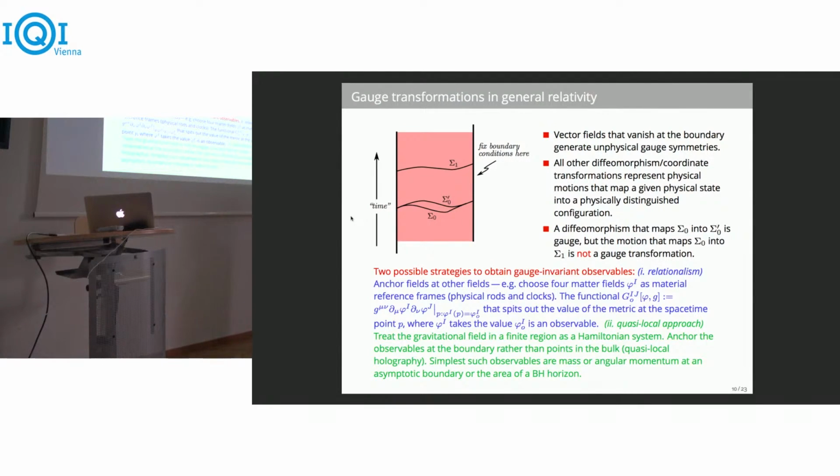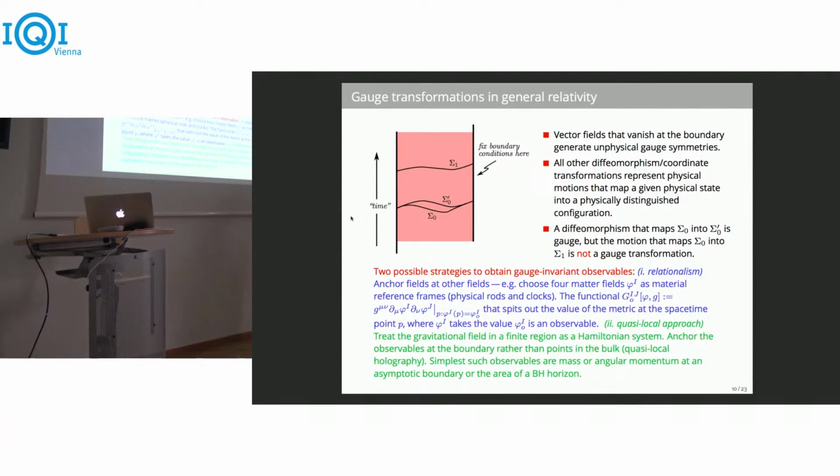And again, as I tried to explain in the last slide, there's a physical reason why it should be like that, because these large gauge transformations correspond to observables like angular momentum or mass, energy, center of mass, and momentum that are observable, that are not to be regarded as gauge transformations.